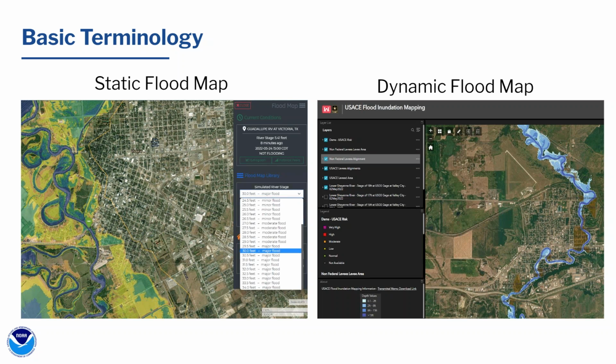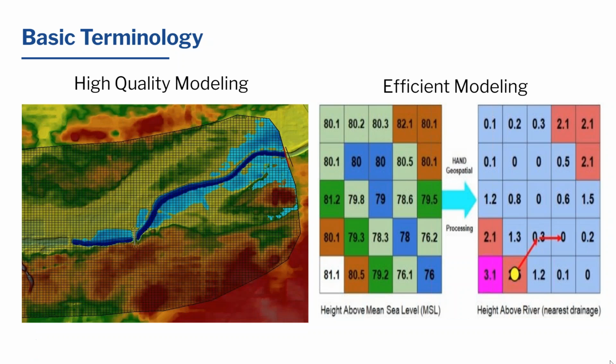The last set of terms that I want you to be familiar with are high quality modeling maps versus efficient modeling maps. What does this mean? This is where you're going to put your hydrologist hat on. High quality modeling is basically engineering scaled models and maps.